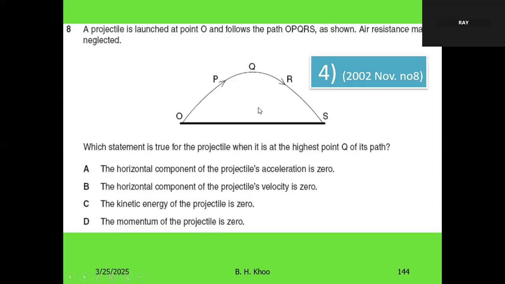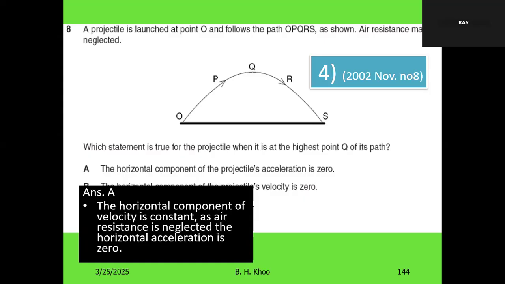C. C, is it? Yeah. No, wait, but I thought highest point Q. Oh, vertical velocity is 0. Horizontal velocity is not 0. Remember that. It still has horizontal velocity. Only vertical velocity is 0.